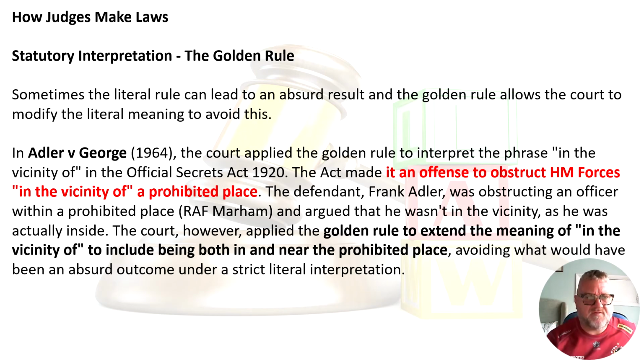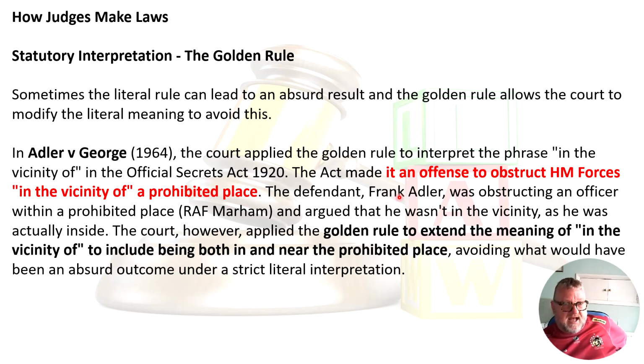So the famous case here is Adler versus George in 1964. And here the court applied the golden rule to interpret the phrase "in the vicinity of." Now, according to the Official Secrets Act of 1920, here's the offence. It's an offence to obstruct His Majesty's or Her Majesty's forces in the vicinity of a prohibited place.